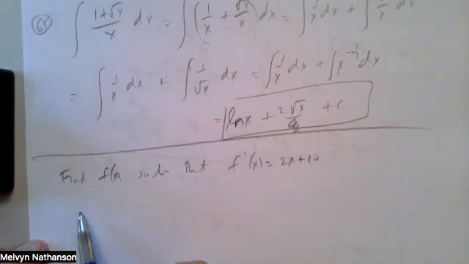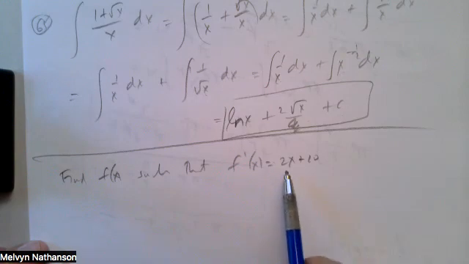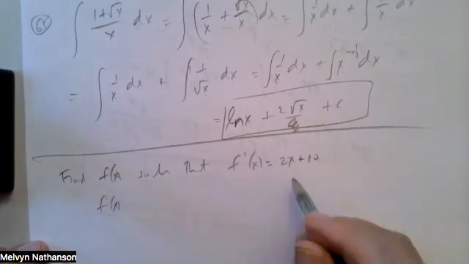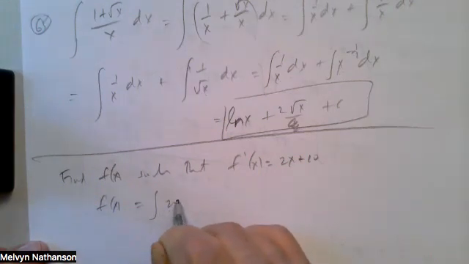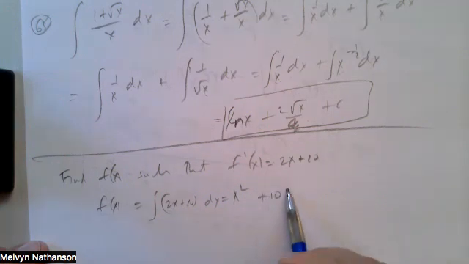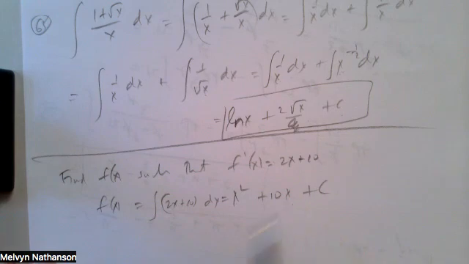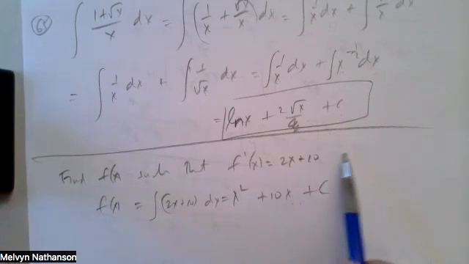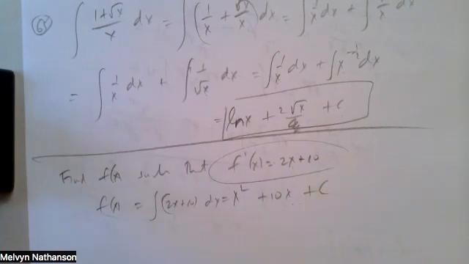In other words, we want to find the antiderivative of 2x plus 10. And the antiderivative of 2x is x squared. The antiderivative of 10 is 10x. So for any constant c, x squared plus 10x plus c is a function that satisfies this.